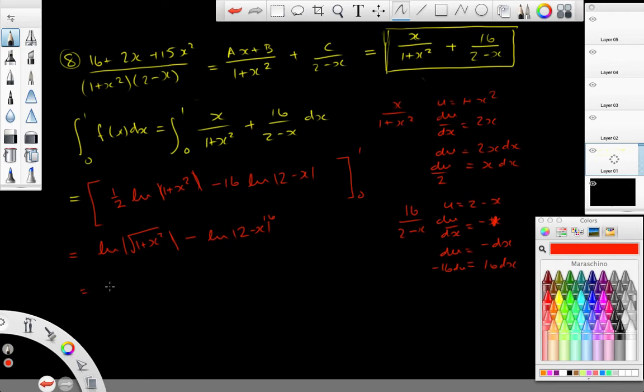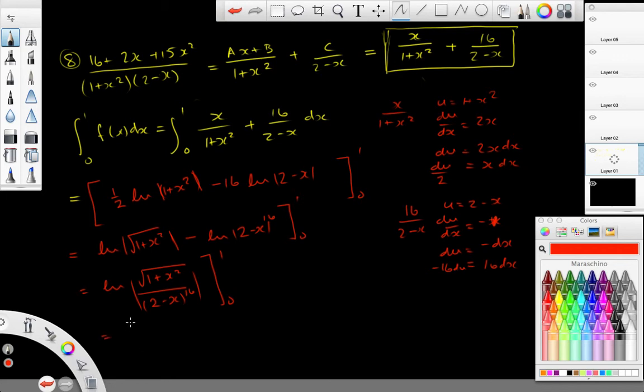And that's the same as the log of the root of 1 plus x squared over 2 minus x to the power of 16, mod. And this is all between 0 and 1.